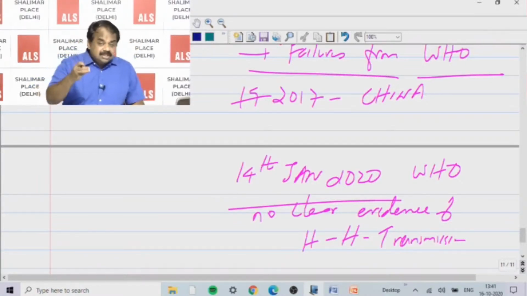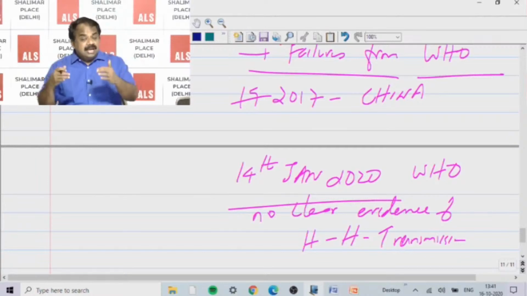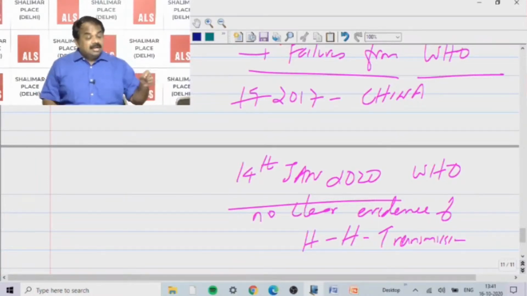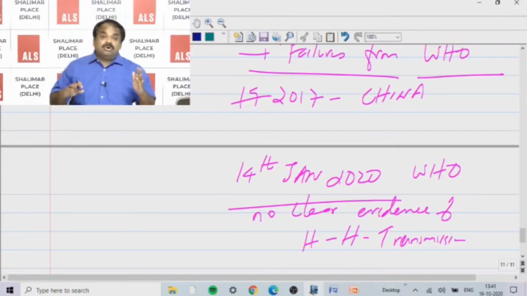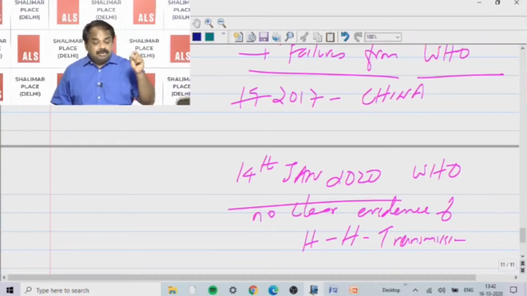This is after a person in Thailand contracted COVID, and it was very clear that the person had not gone to any market or anything. So it was very clear that it was human-to-human contact.